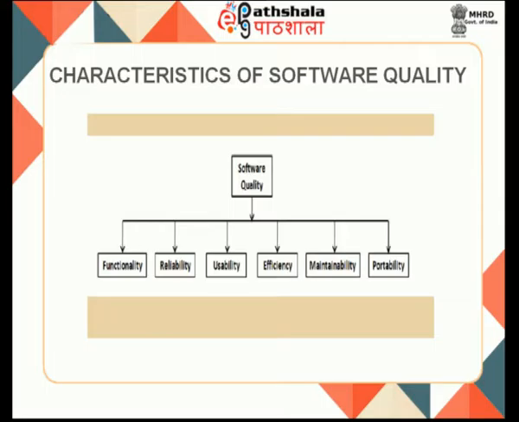Current best practices in software engineering have been able to reduce the defect density to less than 1 defect per kilo lines of code. At this juncture, I request the students to look at the principle of Six Sigma, because Six Sigma looks at minimizing the number of defects.